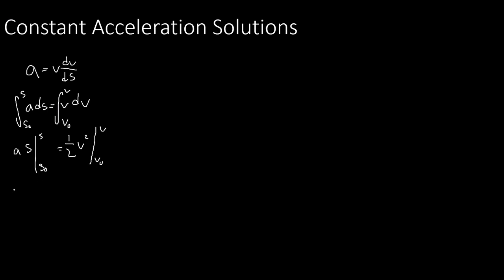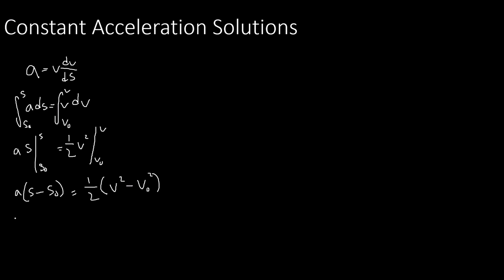Alright, so let's plug everything in. So a times s minus s naught, plugging in very simply, is equal to 1/2. We can just pull that 1/2 out front because it's just a constant, and we'll have v squared minus v naught squared. So let's solve for this v here because this is not the initial term.